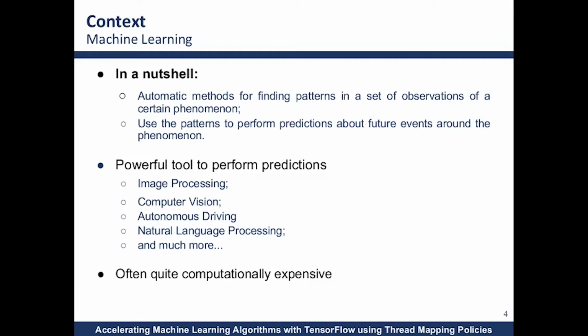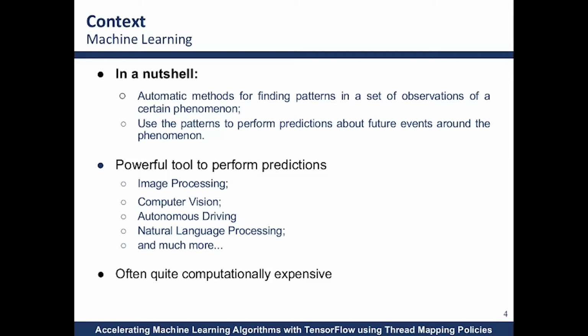And many algorithms have been proposed in the machine learning literature, and machine learning is a powerful tool to perform many tasks, such as tasks in image processing, computer vision, autonomous driving, natural language processing, and many others.